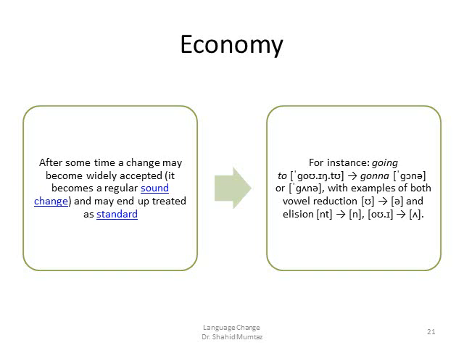This O is reduced to A, and there is elision of NT into N. Instead of going to, we use the N sound only. In going, the vowel is changed into A. So this is an example of economy in language use, in speaking or in sound.